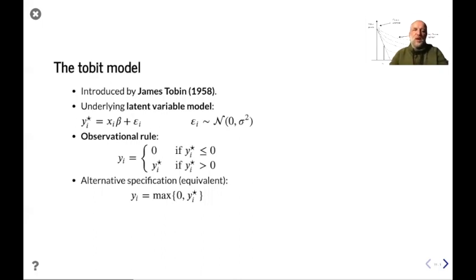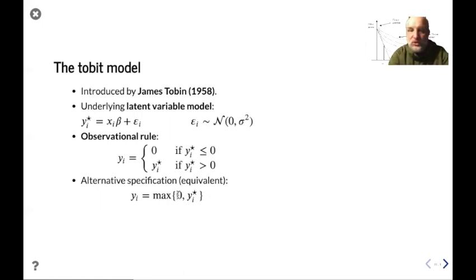Now, we're going to formulate a model where the observational rule is the following. y, what we observe, is equal to 0 if y star is negative, and otherwise you would observe y star. This is completely equivalent to writing y_i as the maximum of 0 and y star.